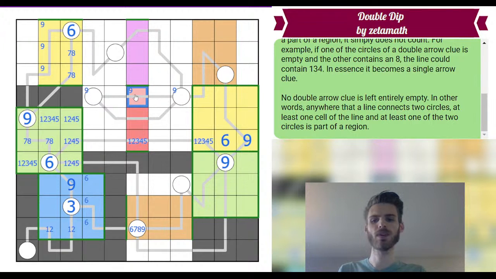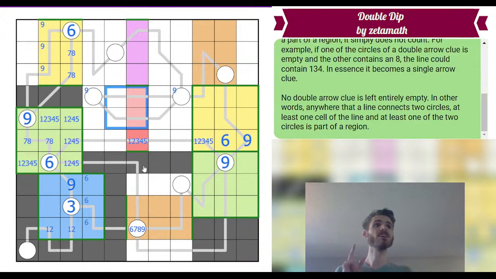I don't think that can ever be a 9, because neither of these cells can be in anything but red. So this is not a 9. And in fact, red takes one of these cells, and the sum is 9. So there is 4 cells, and they do add up to 18.